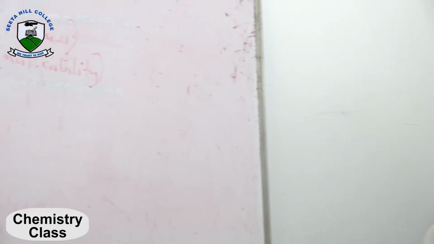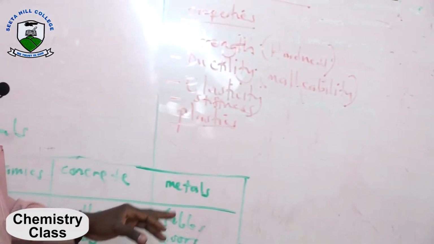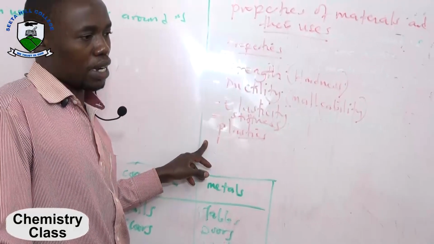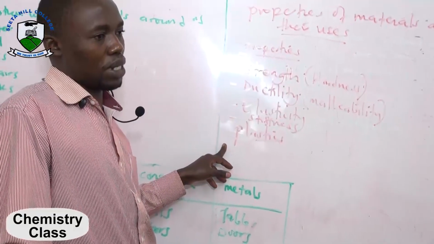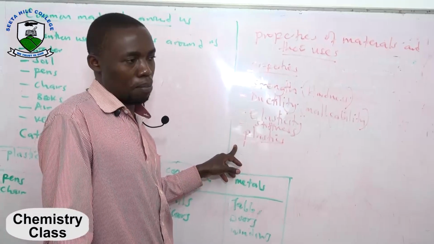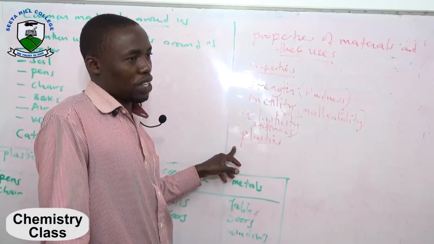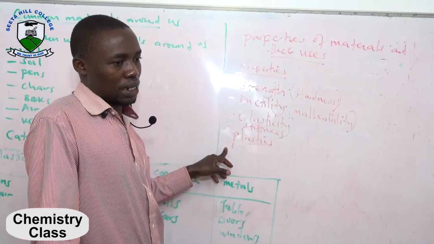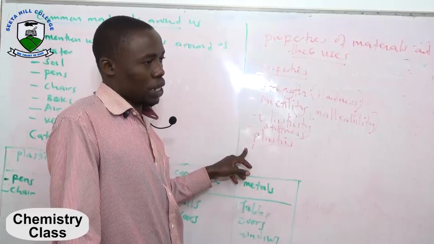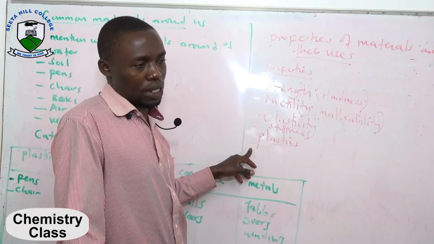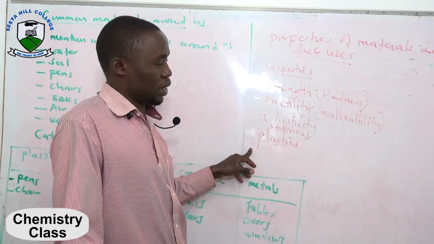Okay. Now we've seen a plastic is a material which, when heated, undergoes melting and can be reshaped into other shapes. Clear? Are you together? Yes. A plastic is a material that can melt when heated and can undergo reshaping into other shapes.